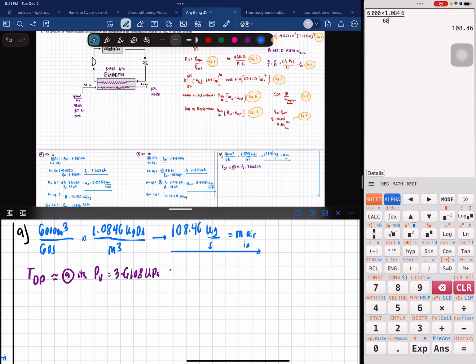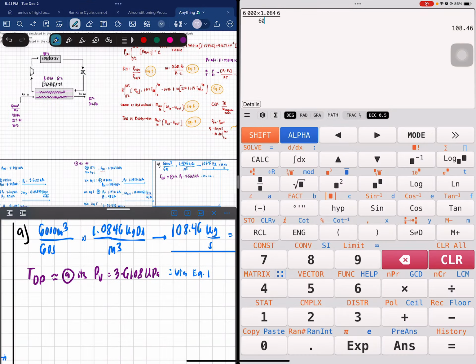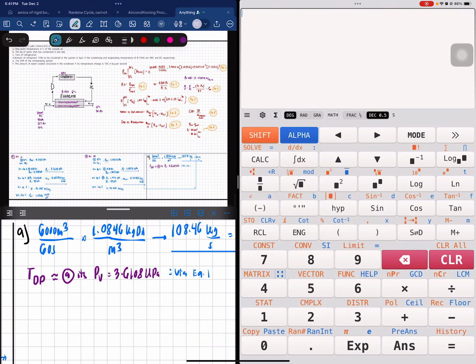So via equation 1, just plug in equation 1. What's your equation 1? It's E, 73.649, that's 7258.2.